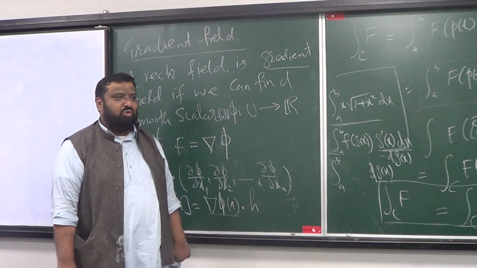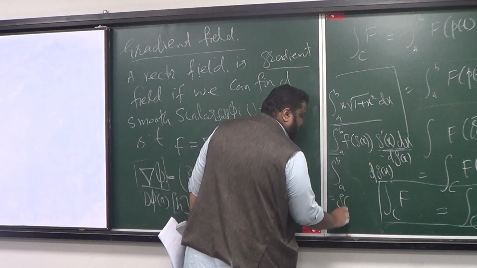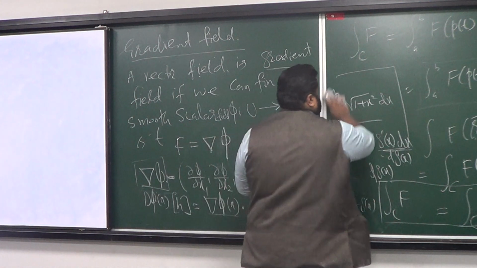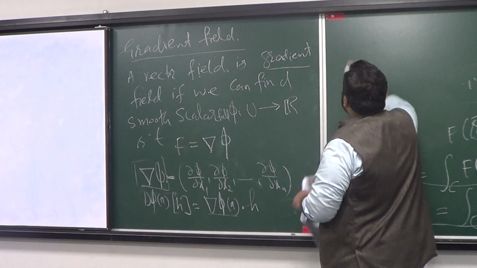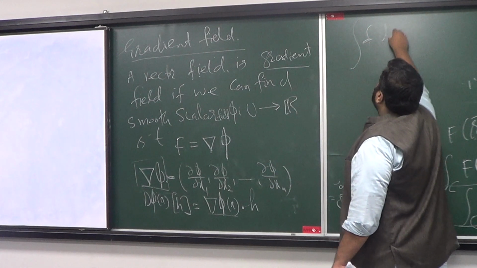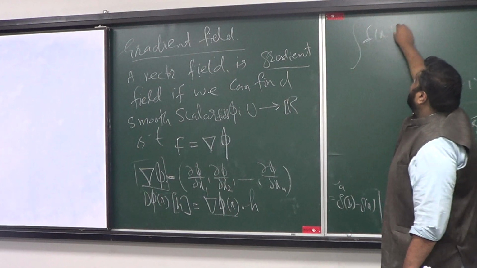So what would be the output? So you're going to get g of b minus g of a. So let me write it explicitly. Imagine I have a function f that I want to integrate, f of x with respect to dx.